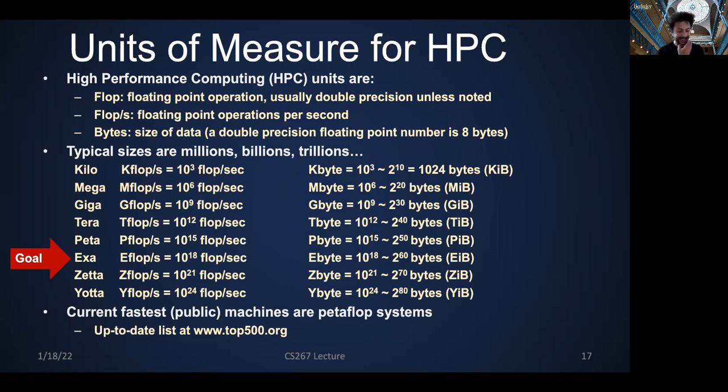So there's usually a distinction between those things, and the I is added to address the differences. There are some quiz questions you might have to answer. Just read the notes about whether you should take kilo as 10 to the 3, for example, or 2 to the 10. So make sure that you read the fine print in your questions.